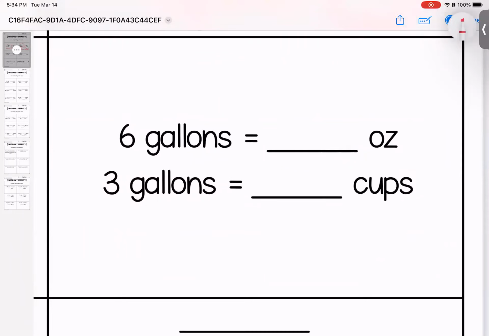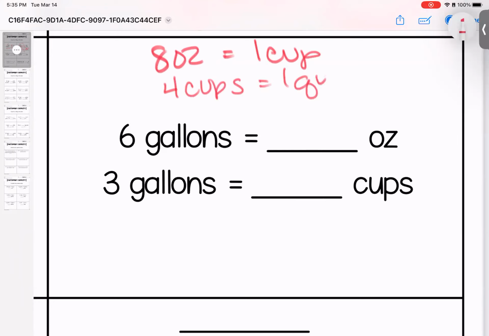Gallons to ounces. Every cup is 8 ounces. If I'm going from cups to gallons, I have to work my way up. So we have 8 ounces is equal to 1 cup, and there are 4 cups in a quart and 4 quarts in a gallon.